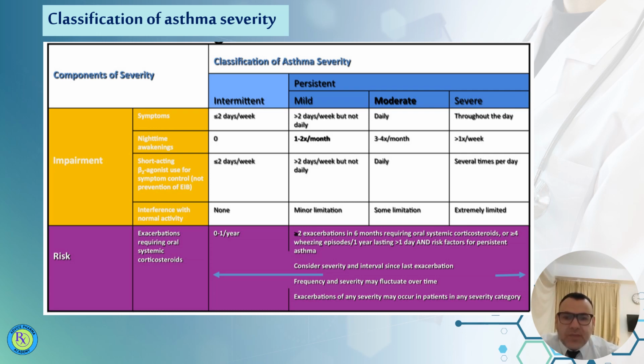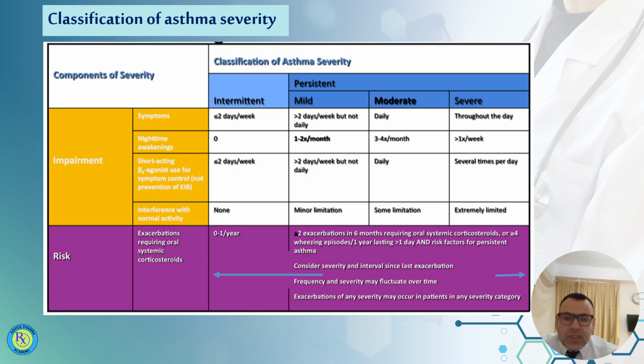We can divide them according to the impairment in lung function and the risk of exacerbation, which is an attack of asthma. And regarding the impairment, it can be gauged according to the symptoms: nighttime awakening, how many nights the patient wakes due to symptoms, or the use of short-acting beta-agonist, or interference with activity.